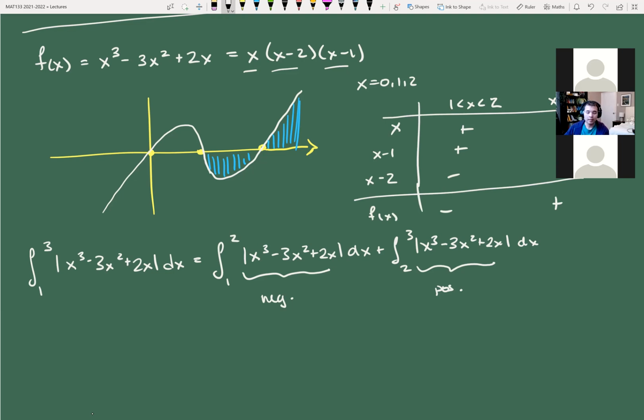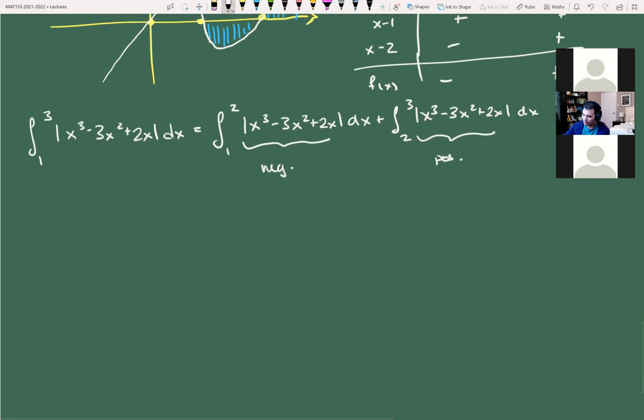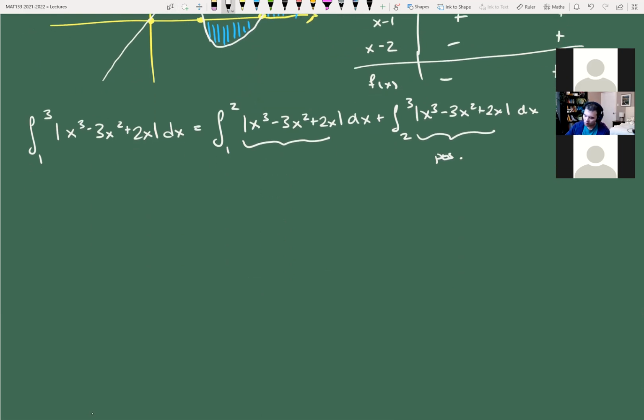Or finally, let me show you the worst way you could do this, but it totally works. The answer is just to say, I actually don't know. Is this function positive or negative here? Well, let's just drop the absolute values and compute an integral and see what we get. So the integral from 1 to 2 of x cubed minus 3x squared plus 2x dx.